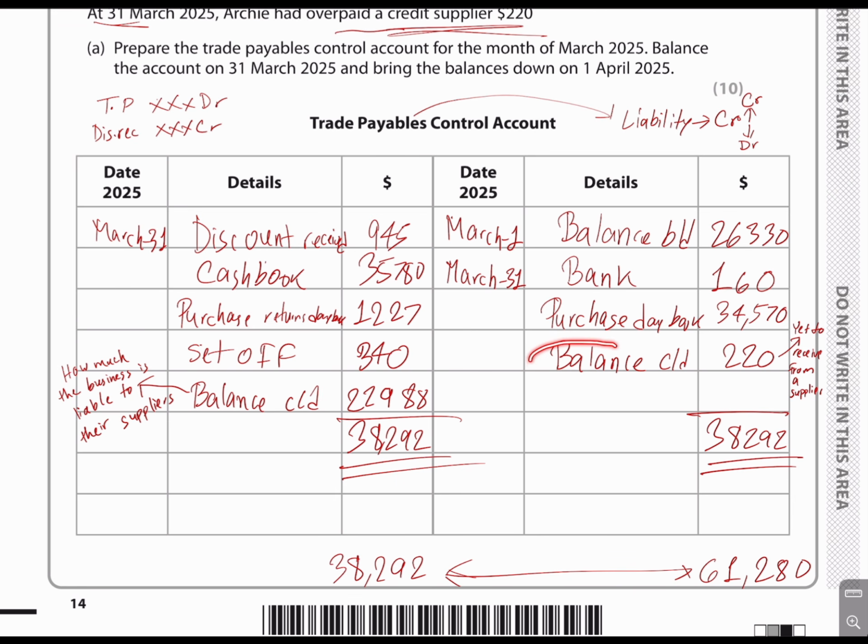That's the balance on the right side, your debit balance. And the 99 suppliers that you are still yet to pay, that's the credit balance that will come here. So let's balance b/d, date is April 1.